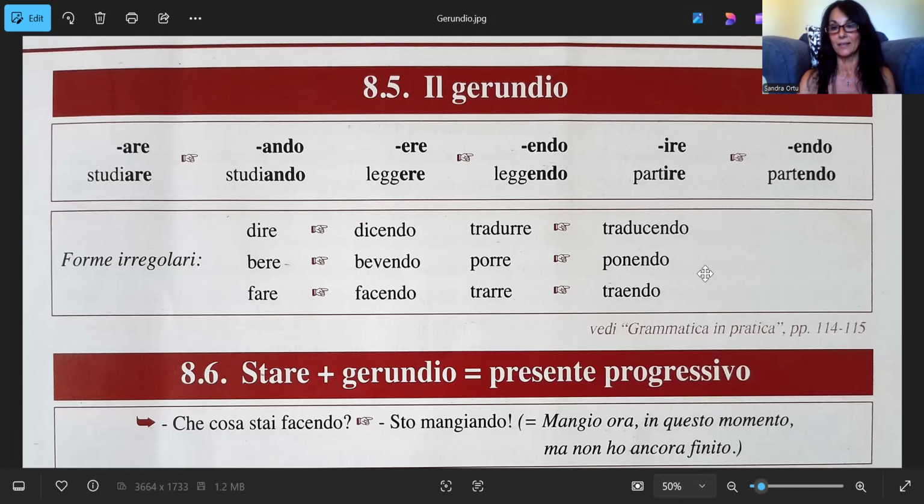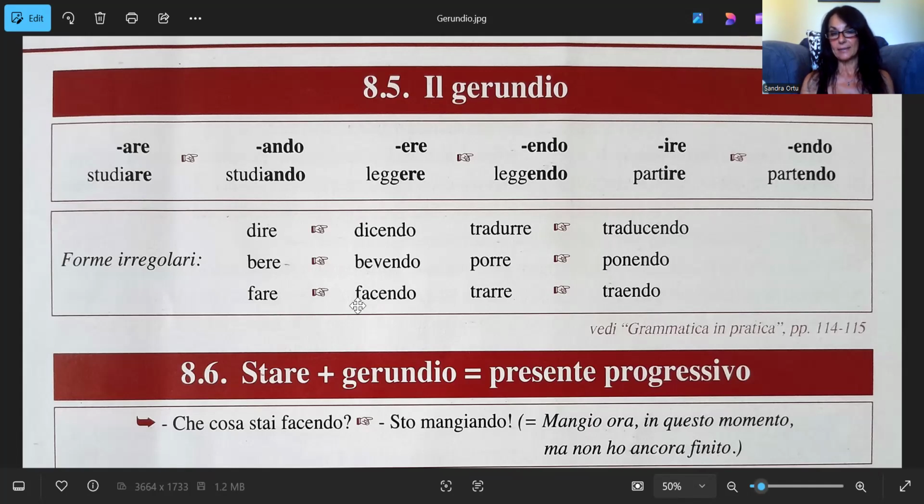We do have some irregular verbs, not necessarily the usual suspects. We have dire. Dire becomes dicendo, bere becomes bevendo, fare becomes facendo.